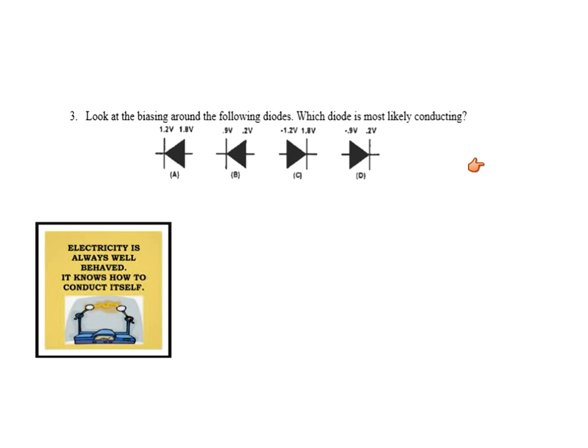So which one of these has the higher positive voltage on the anode? Well, this one does, but it's only 0.6, so it can't be the right answer, or could it? Yeah, it could be the right answer because we know 0.7 is an approximation. And diodes may conduct 0.5, 0.6, 0.7, 0.8, 0.9, even 1 volt may be across them, as long as the anode is the higher voltage. Okay, so that's the answer for that one.